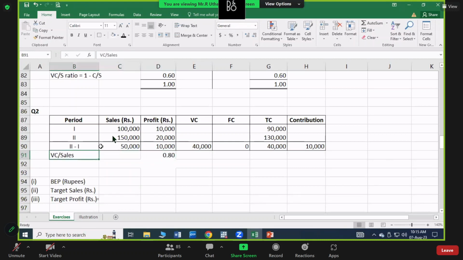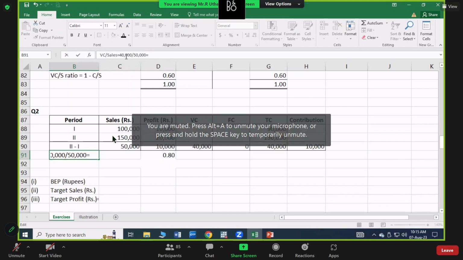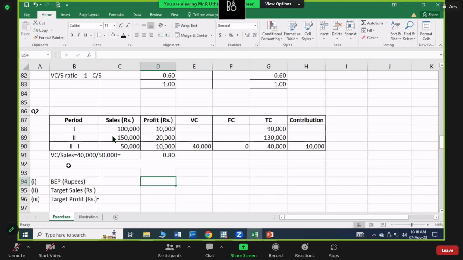If you can write that, the substitutions. It's 80%.